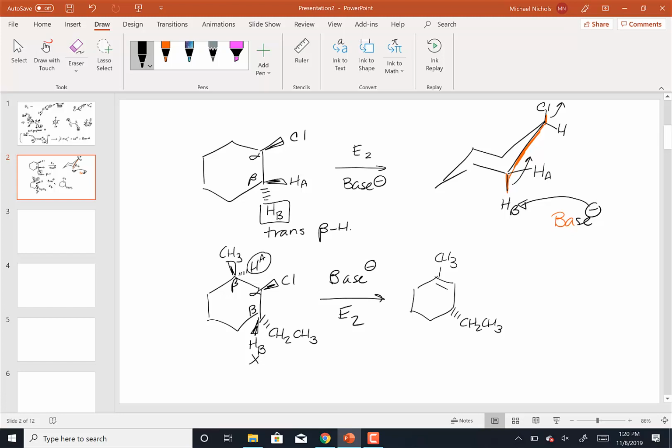Okay. If there was more than one product that could be formed, then I've got to go to sort of a rule number 3, which says which one's the major product. But in this case, there is only one product, so it's major. The other product is not possible.